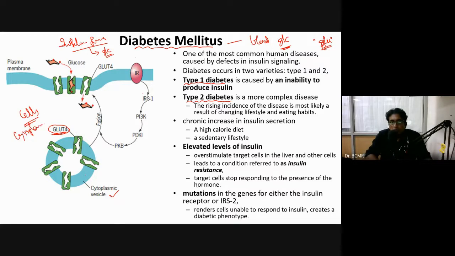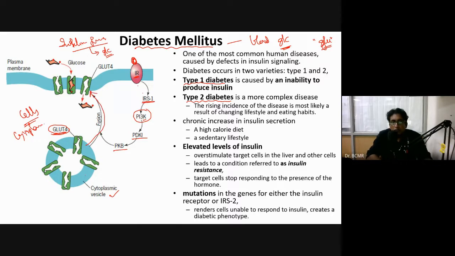But when insulin binds to the insulin receptor, IR, it activates another molecule called insulin receptor substrate 1 that results in the production of PI3K, phosphatidylinositol 3 kinase, then the production of PDK and activation of PKB, and eventually these vesicles are made to fuse with the cell membrane.